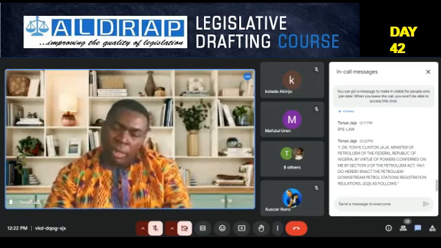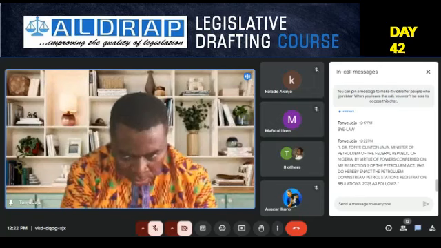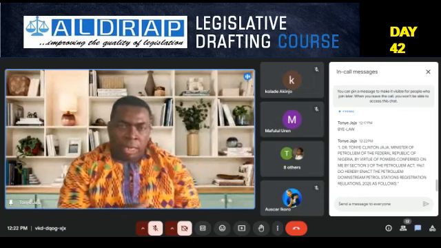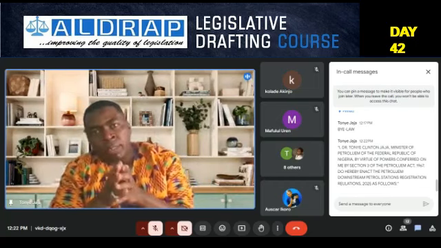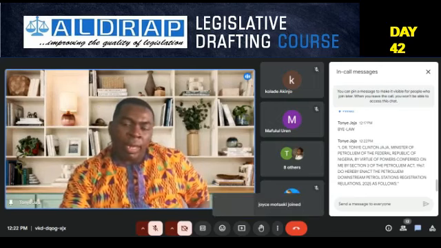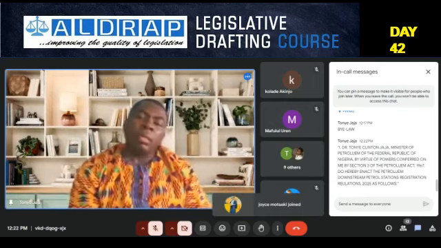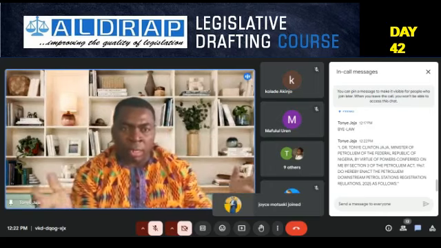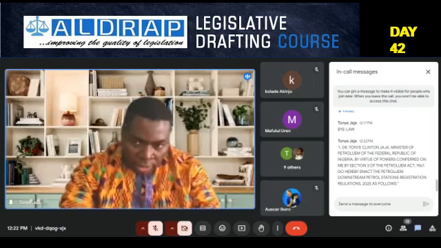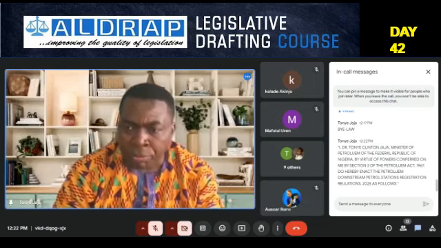Enacting formula. Now, for bylaws made by local governments, there are two types of bylaws. In Nigeria, when a local government is headed by democratically elected councillors, councillors are the legislators at the local government level, then the enacting formula will be as follows.